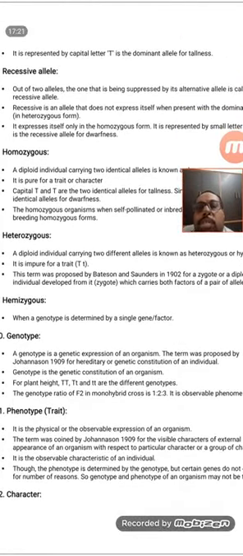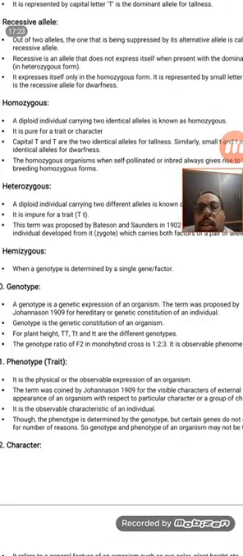And then comes the genotype. Genotype is the genetic constitution of an organism. That means inside the gene, whether it is capital T or capital T small t, however it is, that particular condition is known as genotype. And there is one more thing known as phenotype. Phenotype means what is expressed outside.